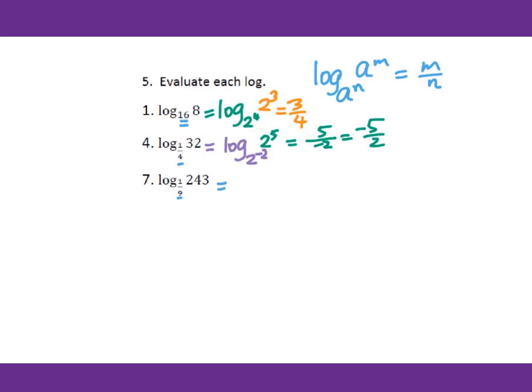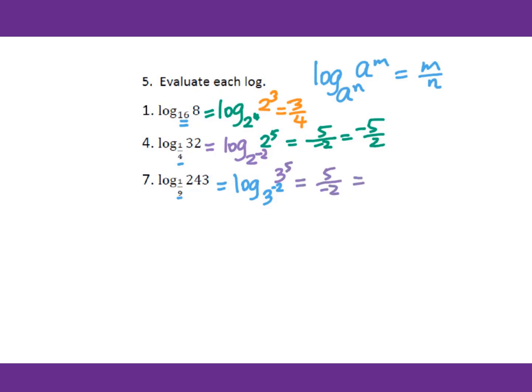For number 7, we change base and argument into base 3 exponential form. So we got 1/9, that is 3 to the -2nd power. 243, we will do 3 to the 5th power. We got 5 over -2.